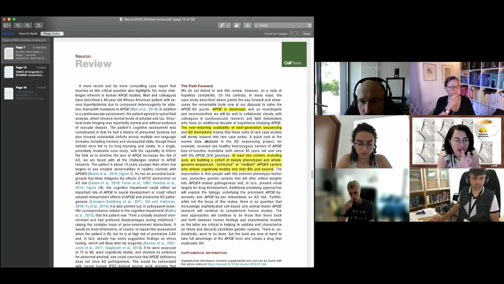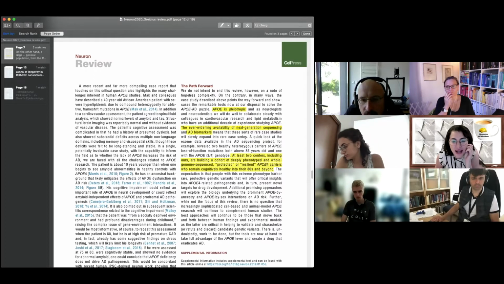In the conclusion I was a little bit lost, but maybe it's because I need some background. When you say heterozygous, it means that on the chromosome the two alleles are not the same. So you can have, for example, the APOE3 and the APOE4, so there are all these combinations.